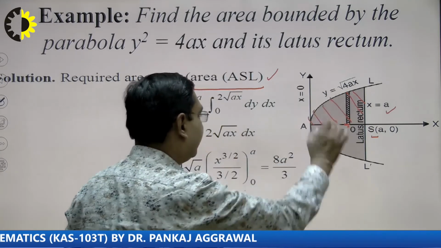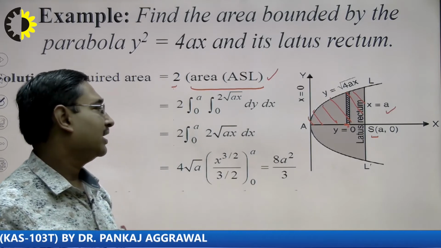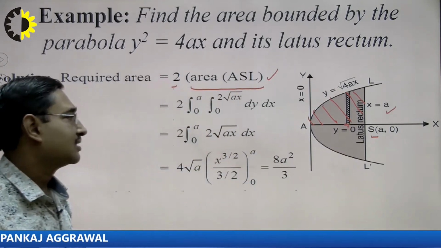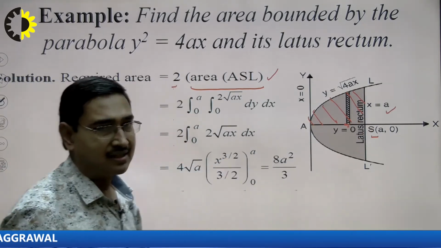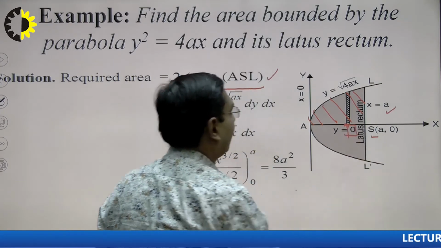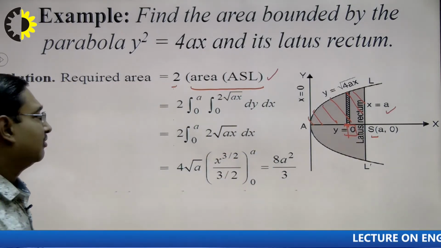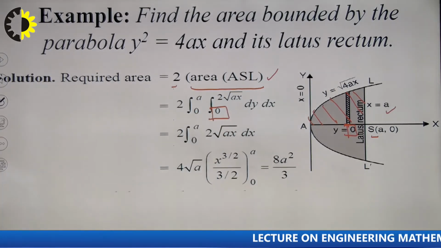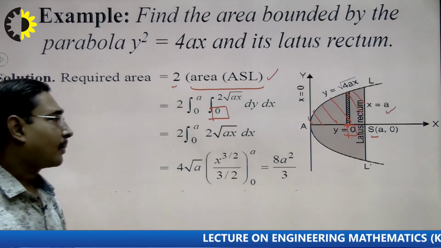This shaded part is divided into vertical slices. The lowest point of this slice is lying on the x axis, whose equation is y equal to 0. So, the value of y from this x axis is 0, and it becomes the lower limit of y.